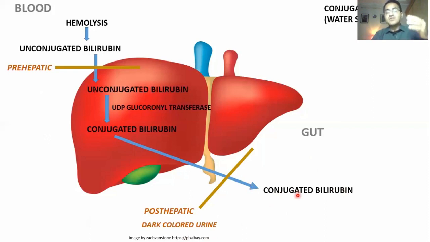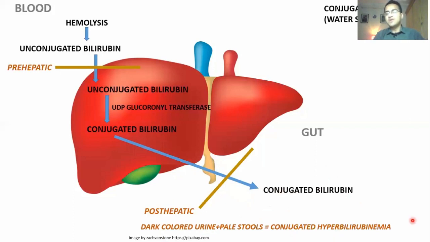So whenever there is no conjugated bilirubin entering gut, there is no stercobilin and the normal color of stool is not there. The stool color is pale. Whenever stools are pale and there is dark color urine, it means that bilirubin is not excreted in gut, it is being excreted in urine. So this shows conjugated hyperbilirubinemia.